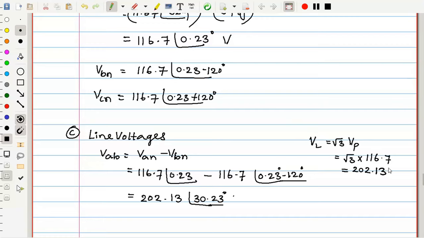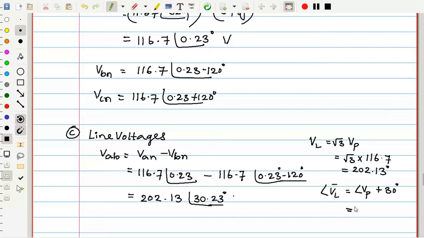This is the magnitude. What about the angle? The line voltage should lead the phase voltage by 30 degrees, so the line voltage angle is the phase voltage angle plus 30 degrees.